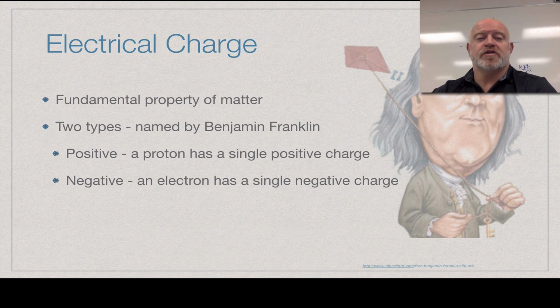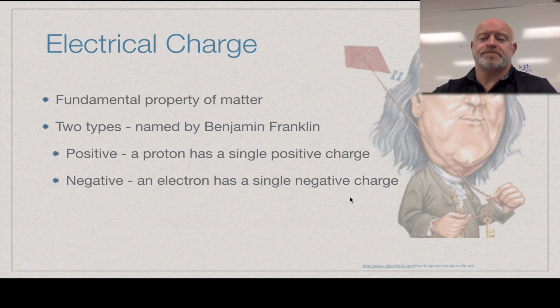So first of all, let's get some basics behind what charge is. Charge is another fundamental property of matter. It is just a part of what these particles have. It creates forces, so it creates attractive forces and repulsive forces because of their charge.